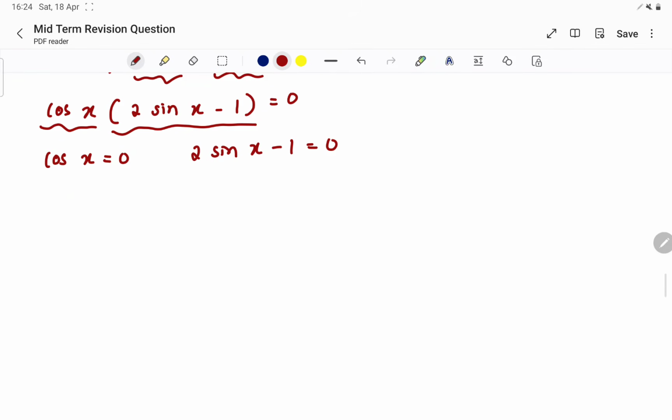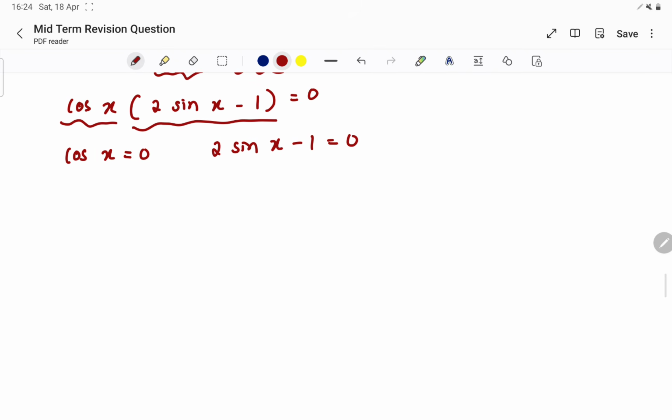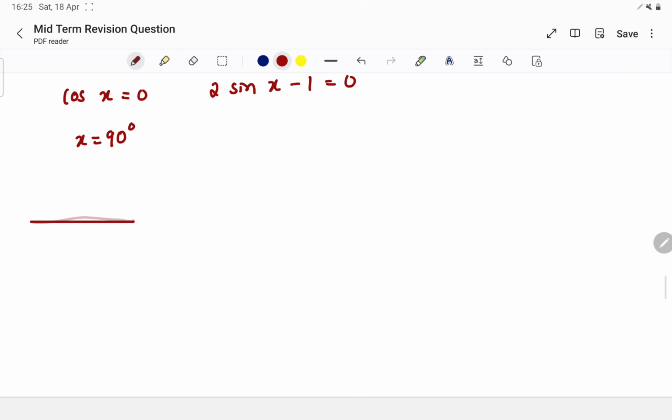Using the unit circle that we learned in class last time, if you remember, when cos x is equal to 0 and you find the value of x, you get 90 degrees. On the unit circle we have 1, 0 here, 0, 1 here, negative 1, 0 here, and 0, negative 1 here.